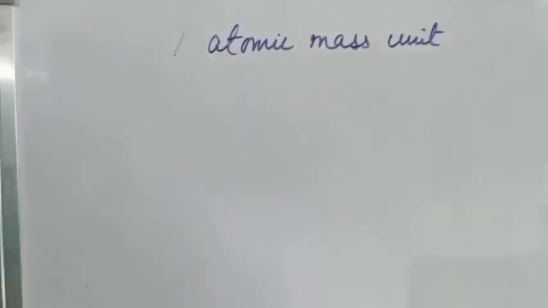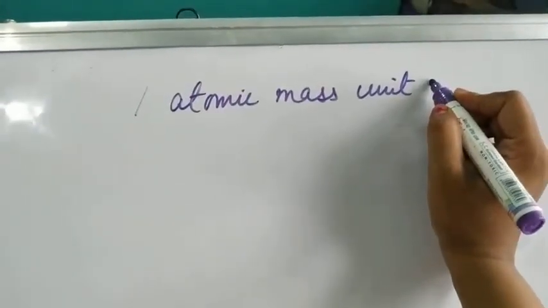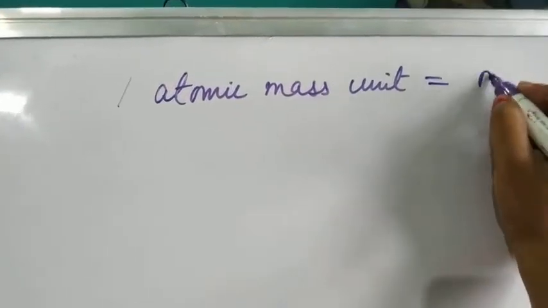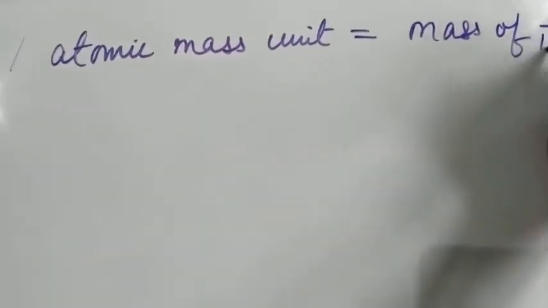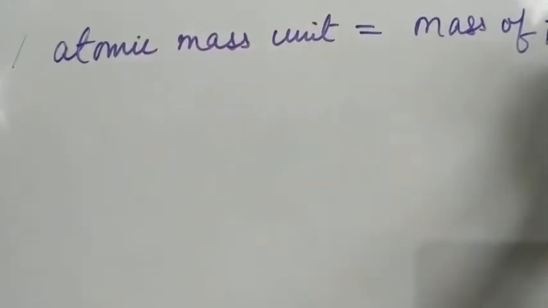In the previous lecture we were dealing with the atomic mass unit. We saw that one atomic mass unit is equal to the mass of 1/12th carbon atom.